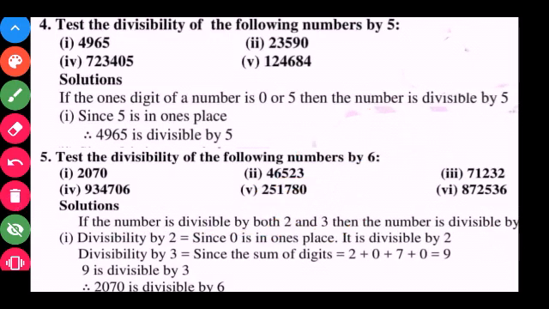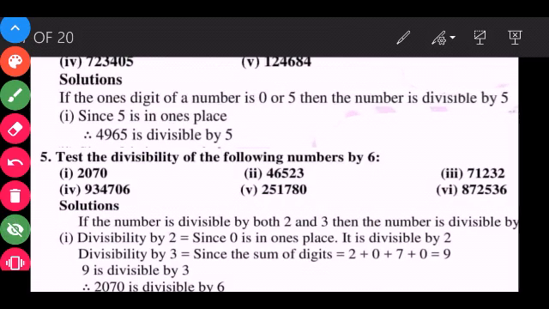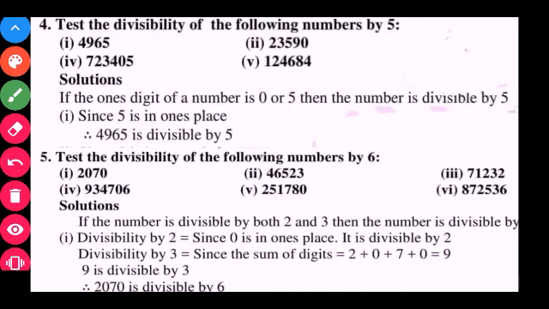Okay, so now let's check the first part. The first part is given as 2070. Here in 2070 the unit place is 0, that's why it is divisible by 2. Why? Because the ones place is 0.